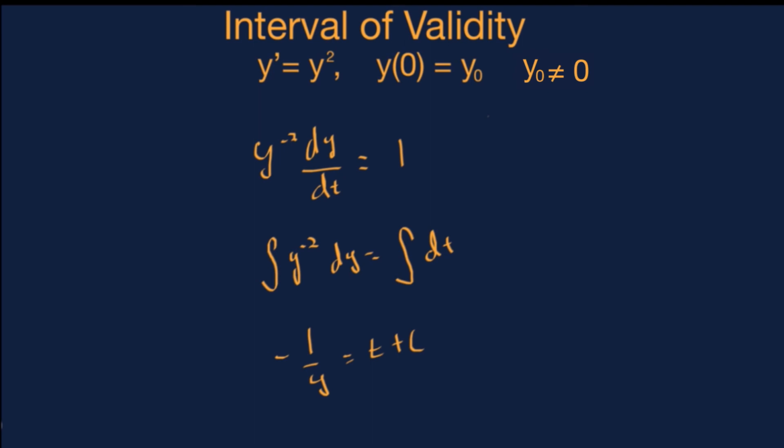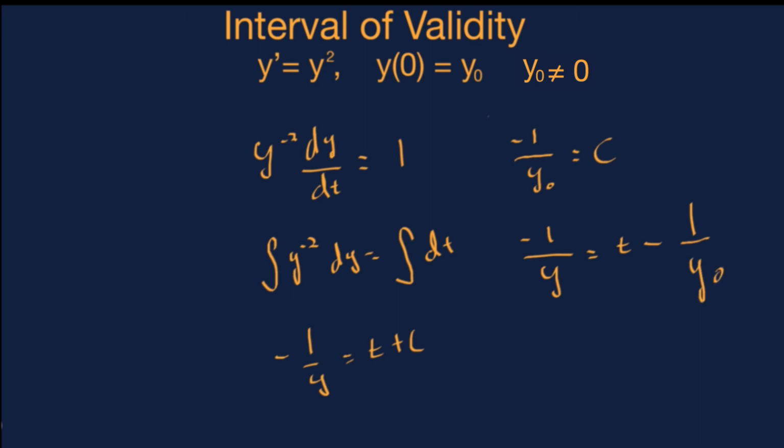At this point, we can solve for the constant by plugging in the initial condition values, and that will give us negative 1 over y naught is equal to 0 plus c, or just c. And so we can plug that back into the solution, and we get negative 1 over y is equal to t minus 1 over y naught.